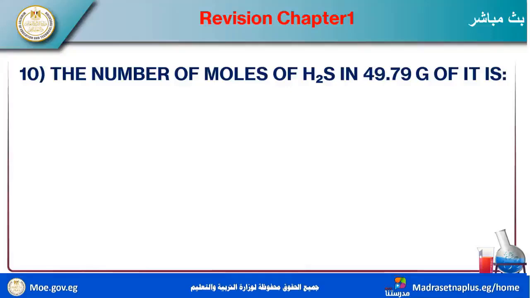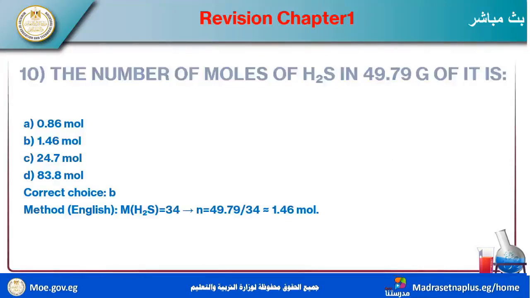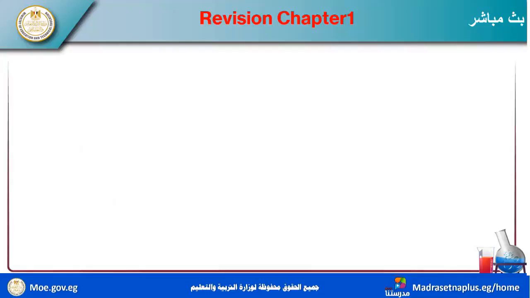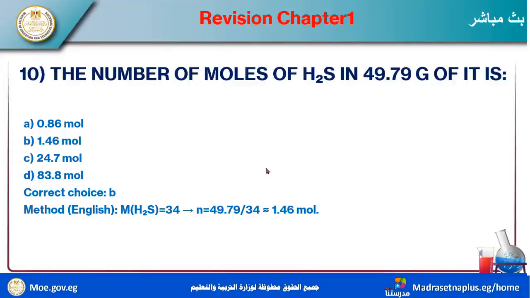Number 10: the number of moles of H2S in 49.79 grams of it. You must calculate the molar mass of H2S.